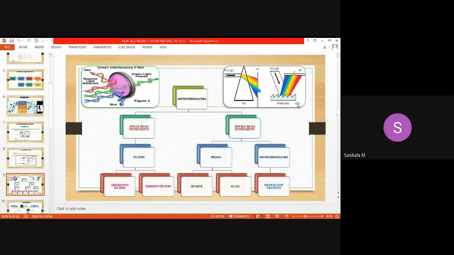Likewise, the rough surface present over the grating monochromator will make the radiation split into individual wavelengths according to the fixed wavelength difference, so that we get monochromatic light. So polychromatic light is converted to monochromatic light based on the principle of the diffraction process.